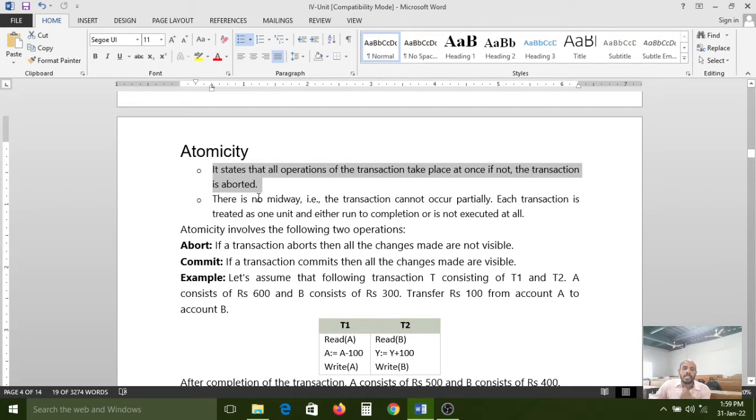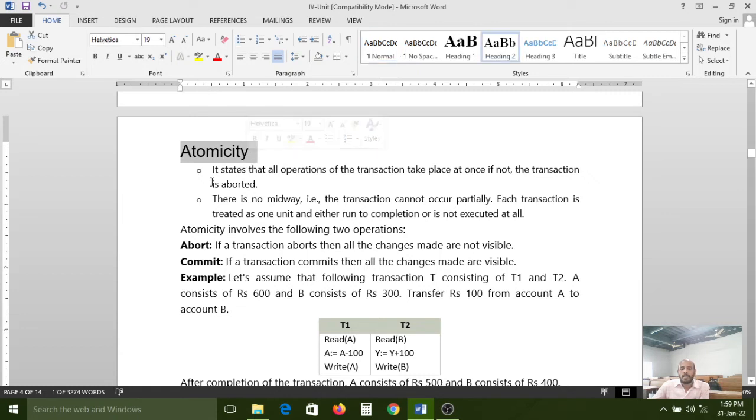If it is a successful transaction, from the active state, what is the next state? Partially committed state. After that, committed state. After that, terminated state. If not, then failed state, and finally aborted state, and at last the transaction will terminate. So that observation happens with the help of the atomicity property.